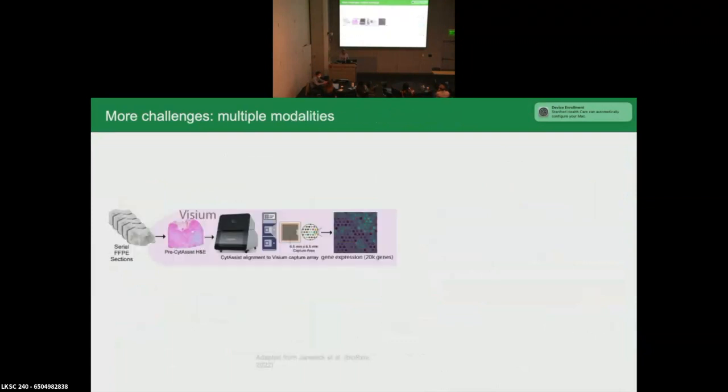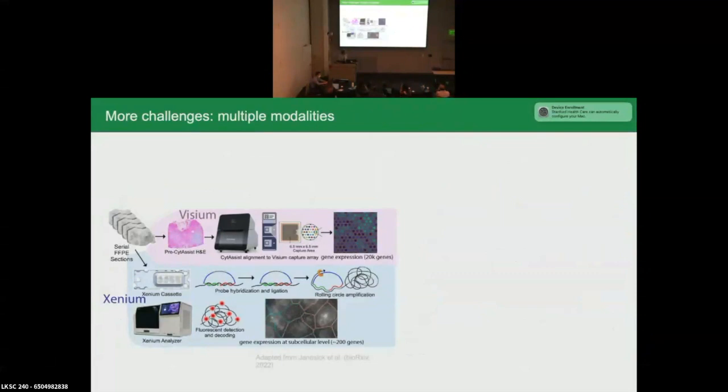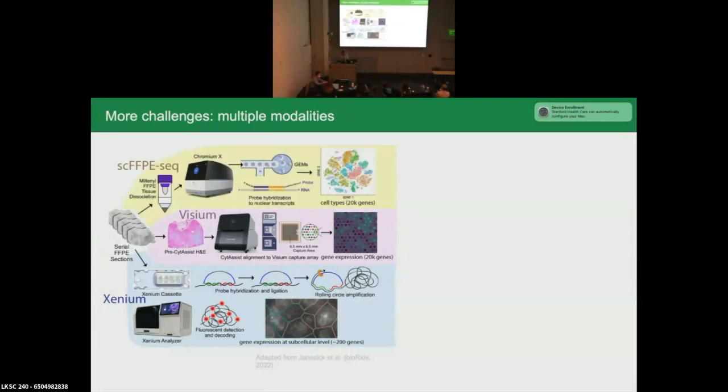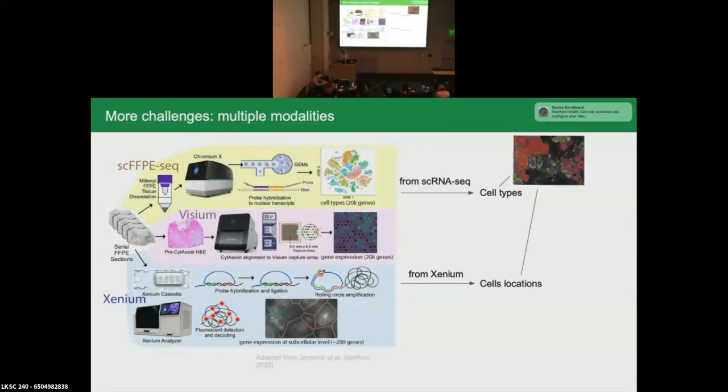And the final axis of complexity, which is not for all contexts, is that sometimes there are biological systems in which you want to apply multiple spatial technologies to have a multimodal view on the data. For instance, this is an example from 10x Genomics of a breast cancer study analyzed with Visium and Xenium, but also with single-cell RNA-seq. The reason is that different technologies can give orthogonal signals. From Xenium, you can get very accurate cell locations and boundaries, but you do not have many genes.